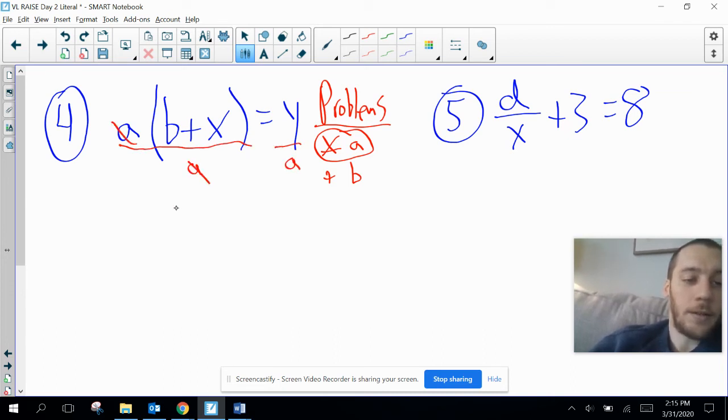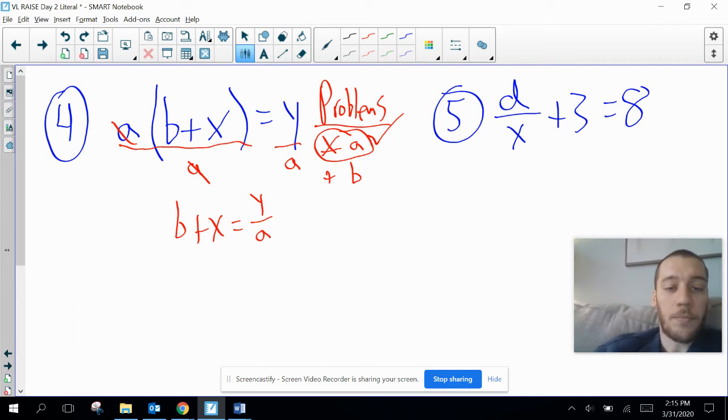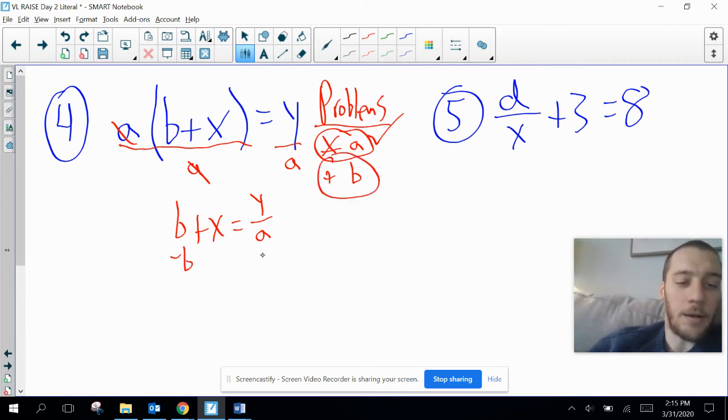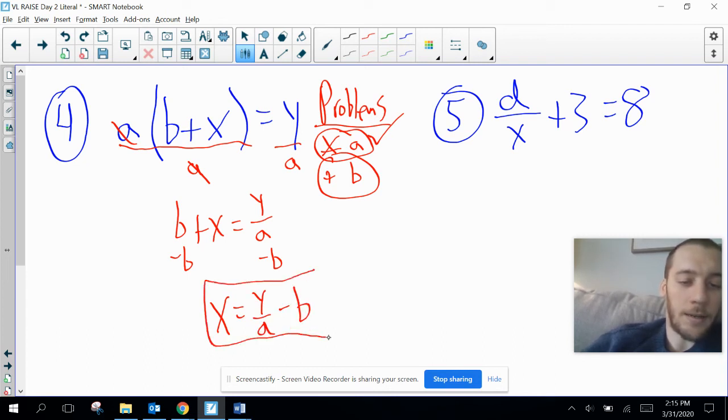That'll cancel this out. Left with b plus x equals y over a. Done with this. And now the opposite of plus b is to just subtract b on both sides. These cannot combine, so it's just y over a and then minus b. So y over a minus b is on the outside.